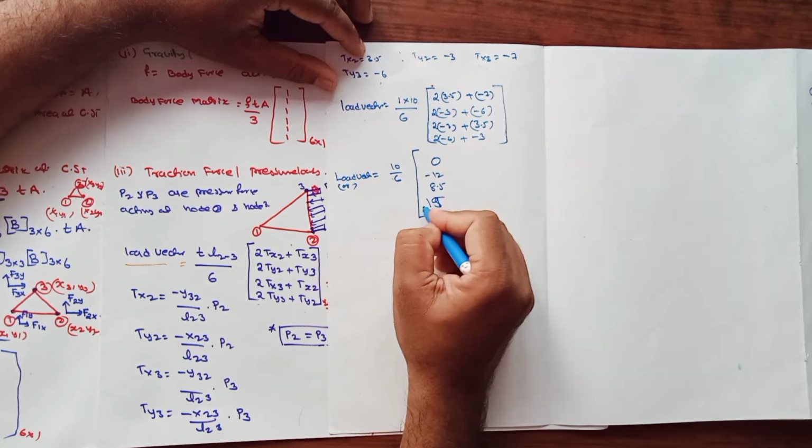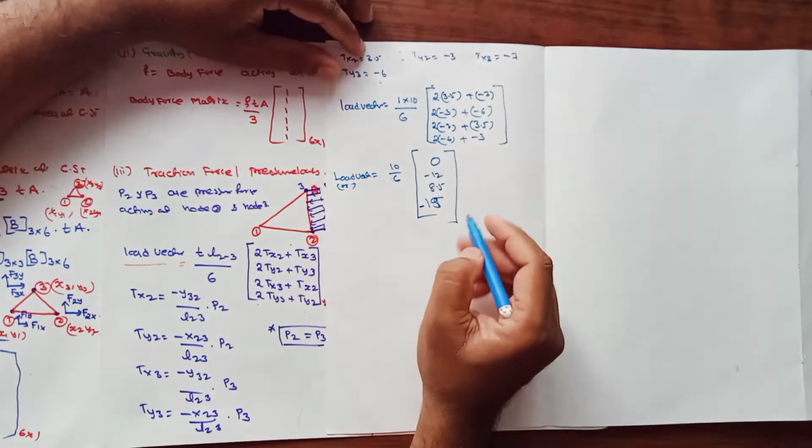So this would be minus 15. Now, this would be the load vector due to the pressure.